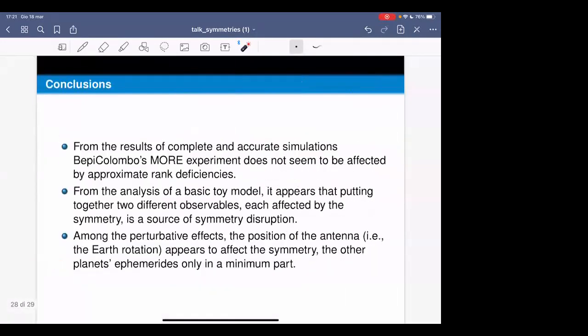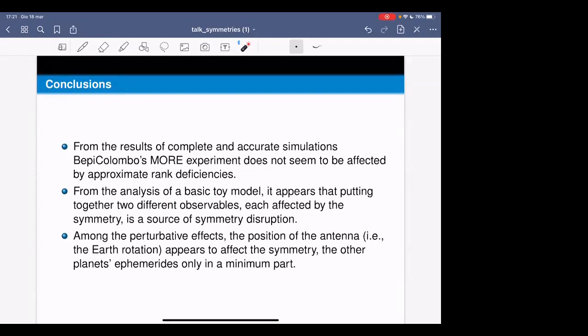So to conclude, what do we find? Well, from the results of complete simulations of the BepiColombo experiment, first of all, we noticed that there might not be any approximate rank deficiency, because trying to cure it, nothing changes. And what else? By analyzing a basic toy model, we noticed that putting together two different kinds of observables actually destroys the symmetry.